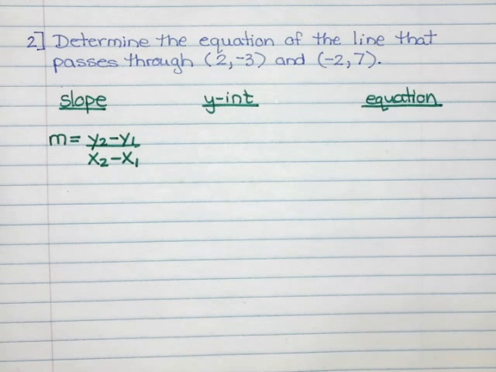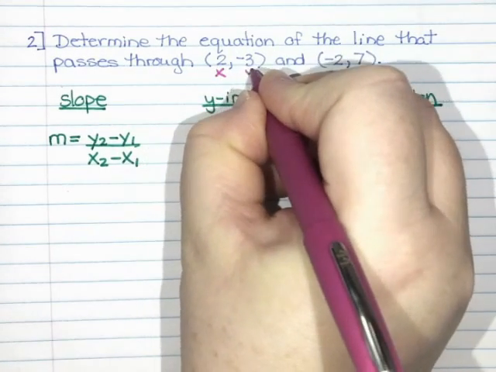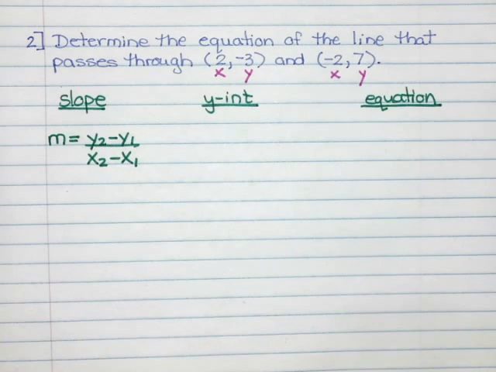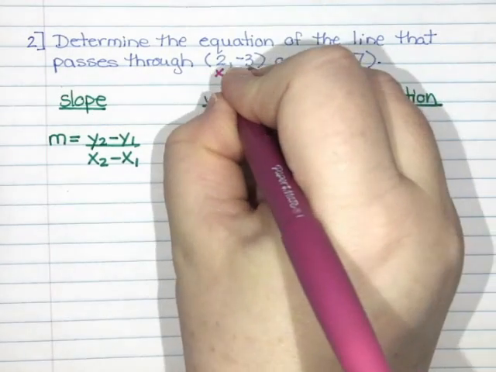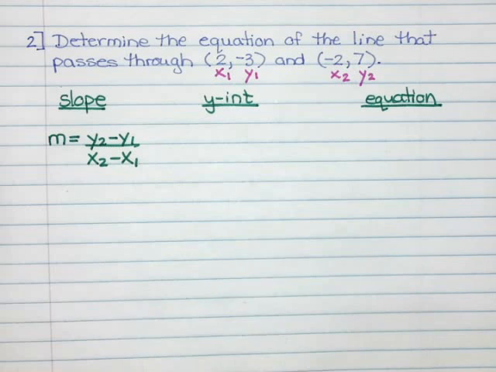Every point has its own x and y coordinates, and they go in alphabetical order. So this one has an x and a y, and this one has an x and a y. Then you have to choose which one you want to be point 1 and which one point 2. I usually just do them in order, so I'm going to call this one 1 and this one 2. But if you want to switch it up, that's okay.